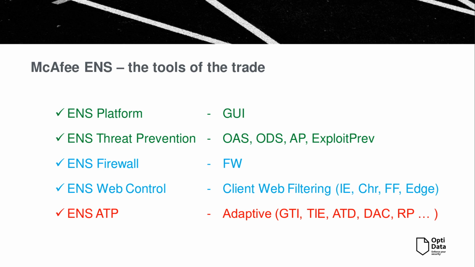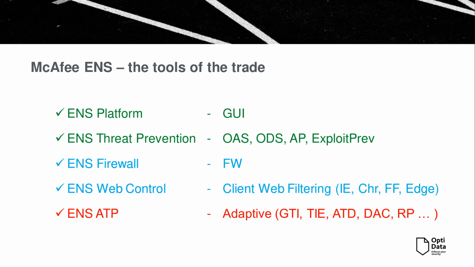Endpoint security platform and endpoint security threat prevention, this minimal set, are the mandatory modules which you need to deploy to a host to get antivirus protection. Endpoint security platform is all about the graphical user interface and logs, and the platform is a basic framework for the other modules.